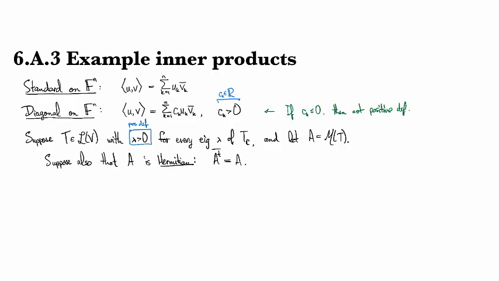Okay, so with that, I can define an inner product as being now the sum j equals 1 to n, k equals 1 to n, of uj A vk conjugate.